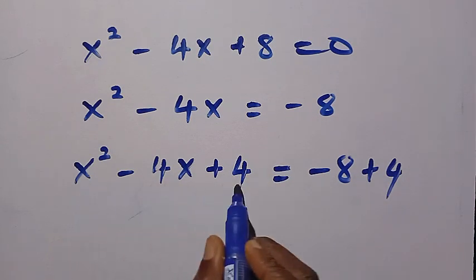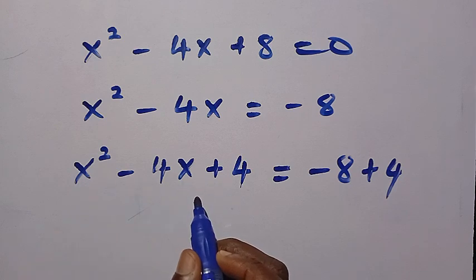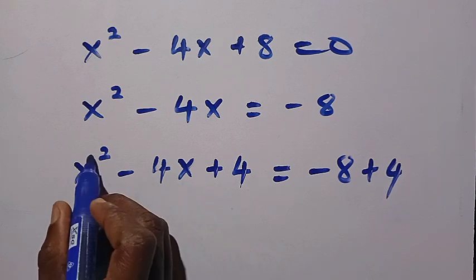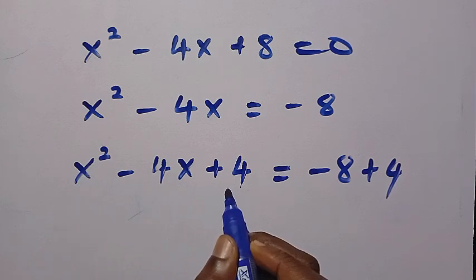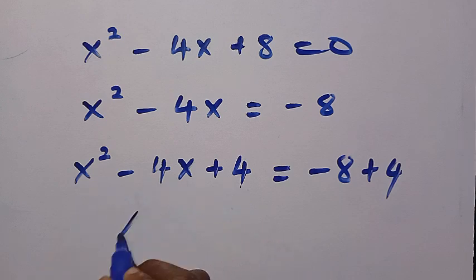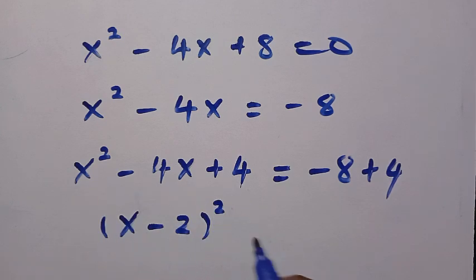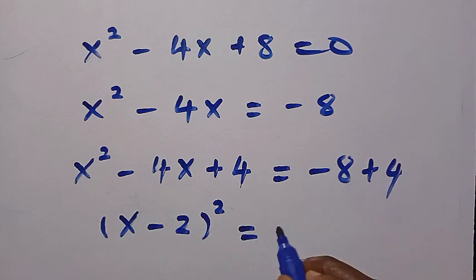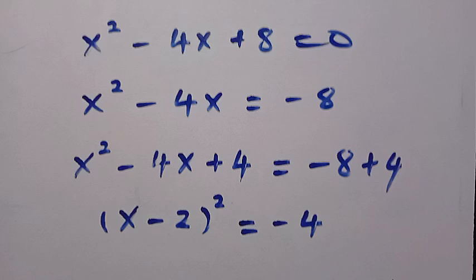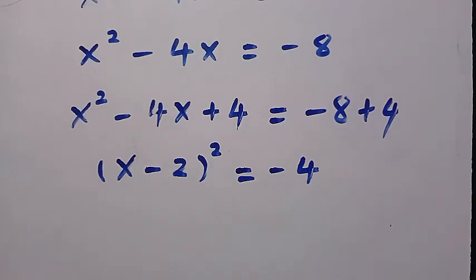This is a perfect square. x squared minus 4x plus 4 is the same thing as x minus 2 raised to the power of 2, which equals minus 8 plus 4, that is minus 4. Then as usual, we take the square root of both sides.